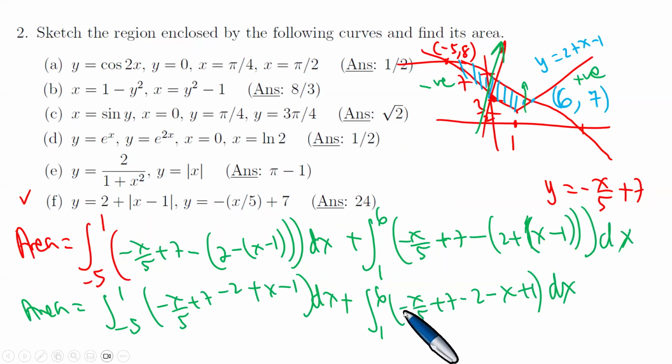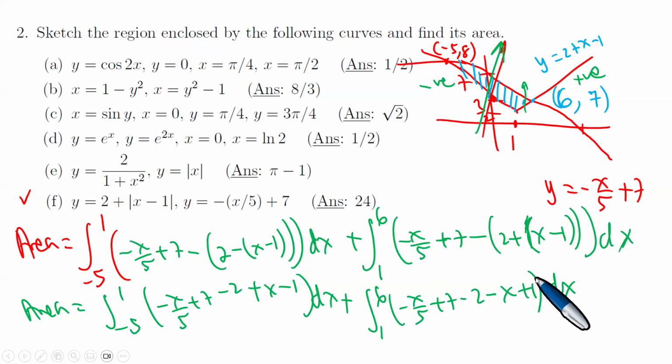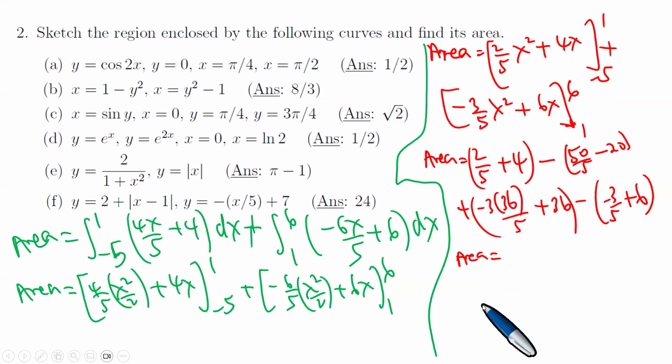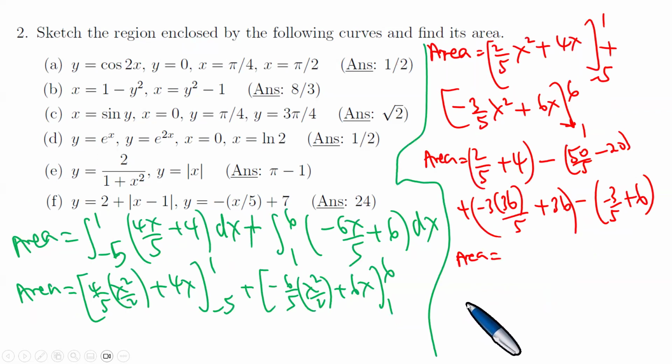So from minus 1 to 5, then you have 4 over 5, then you have a 4 like that. From 1 to 6, this one, which is 6 over 5. 7 minus 2 is a 5, plus 1, it's a 6.